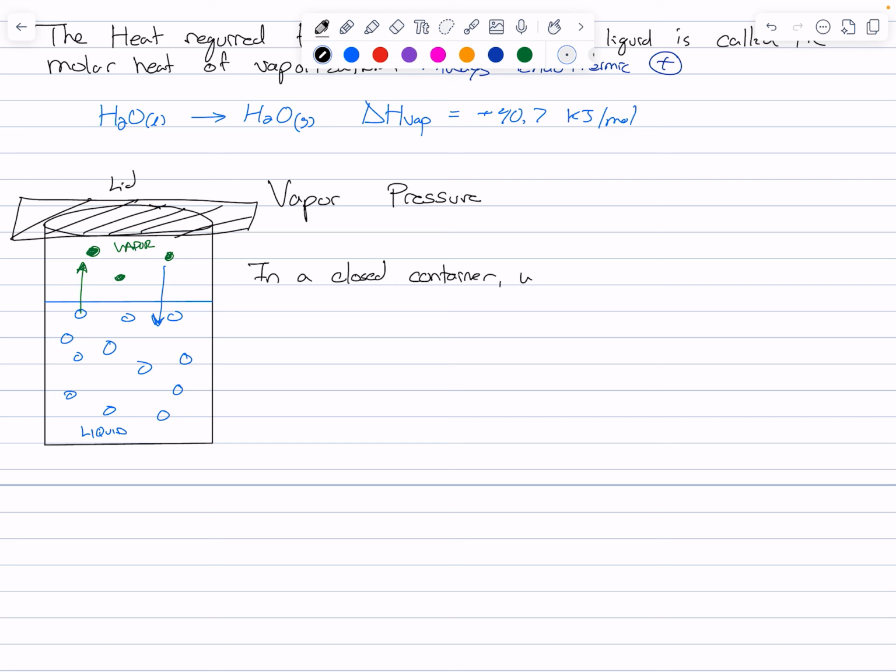When the rate of evaporation or vaporization is equal to the rate of condensation, right?